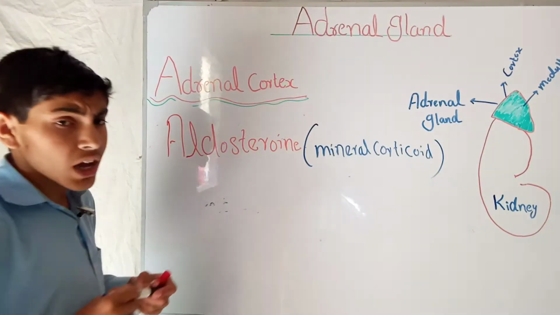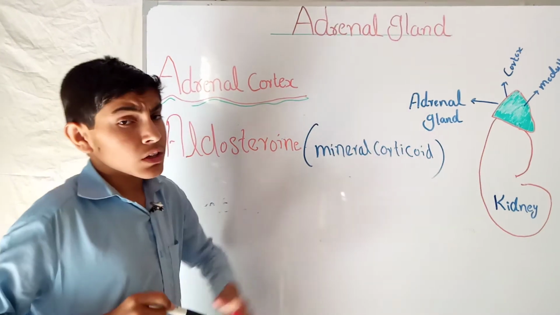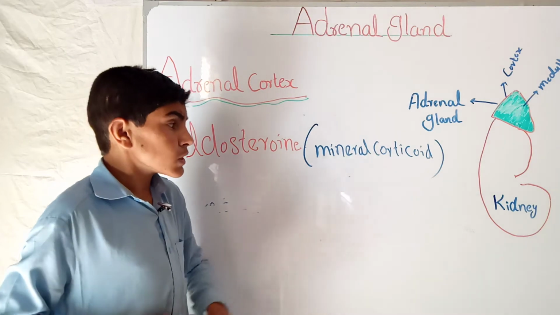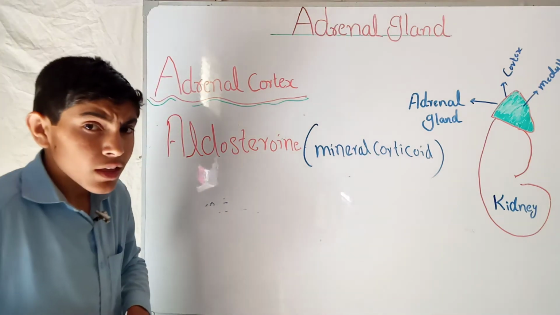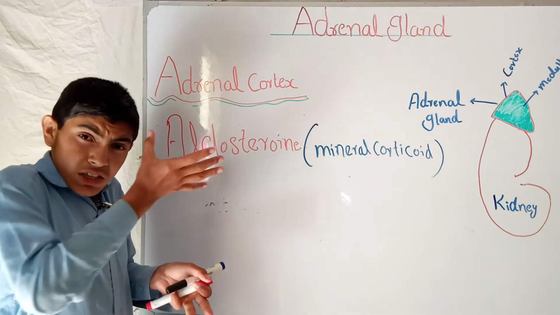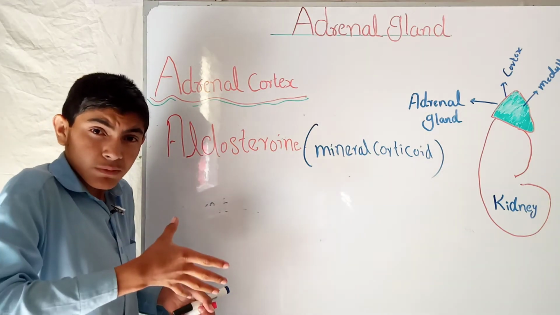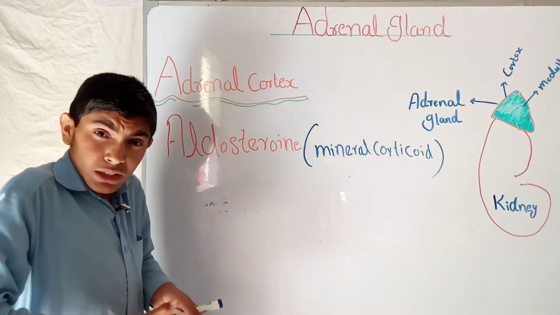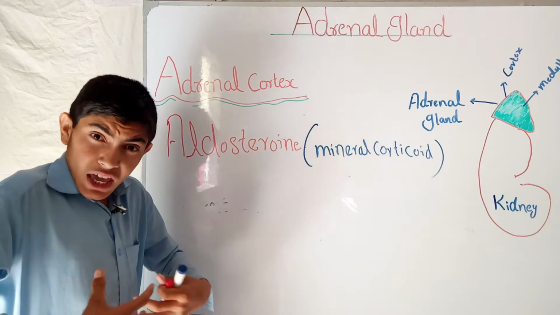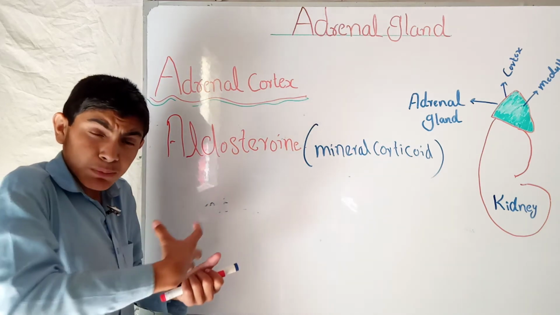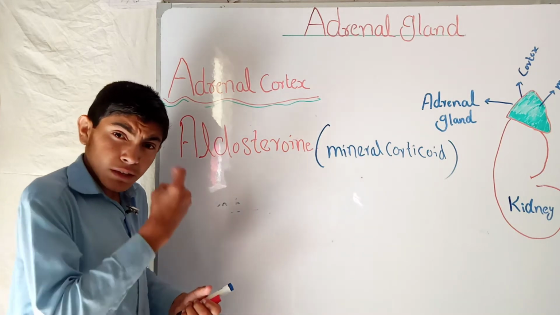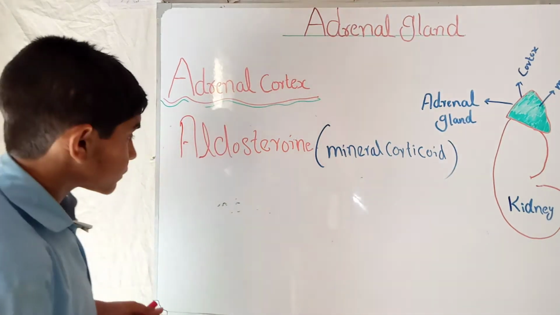This hormone is also secreted by the cortex part of the adrenal gland, and we call it a mineralocorticoid hormone because it increases the sodium level in the blood. It increases the blood pressure, and it increases the blood sodium level and decreases the blood potassium level.